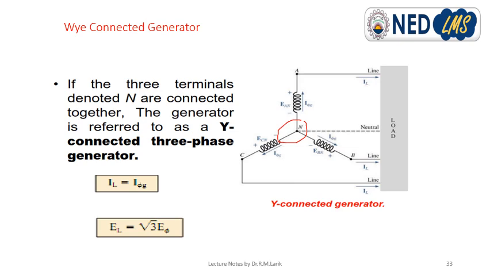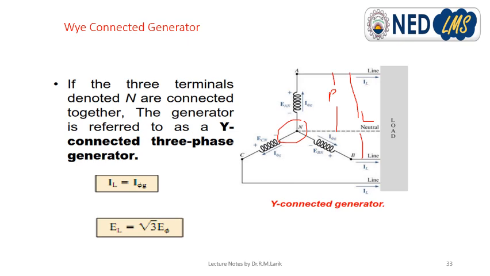It forms a Y connection. In a star connection, the voltage between line and neutral is the phase voltage, and the voltage between any two lines is the line voltage, and the load is connected across this three-phase four-wire system.